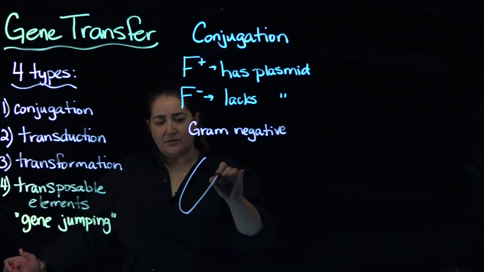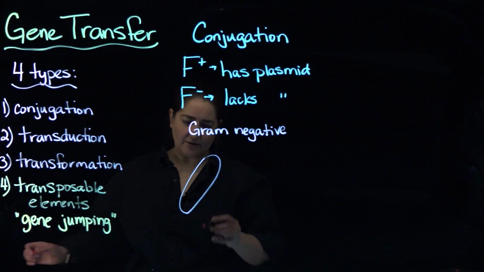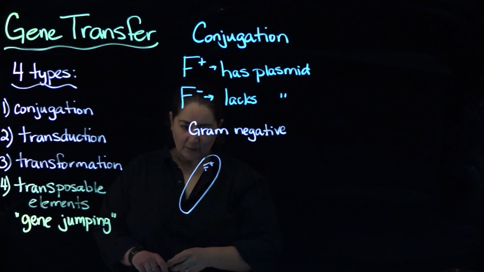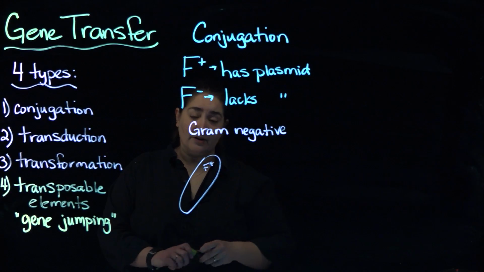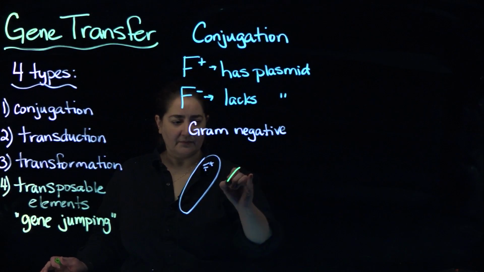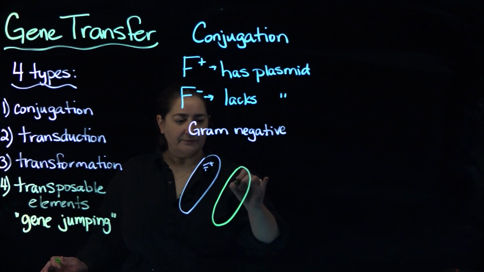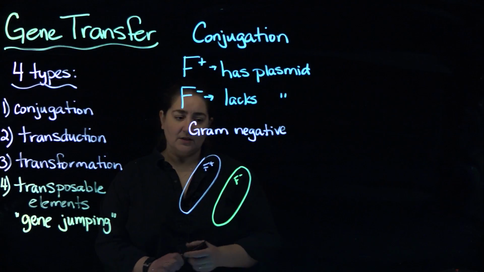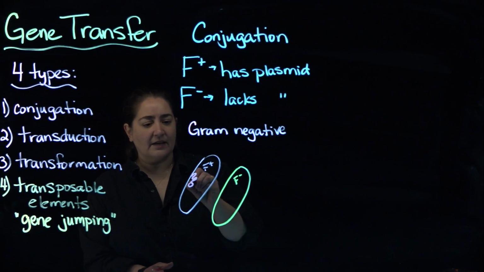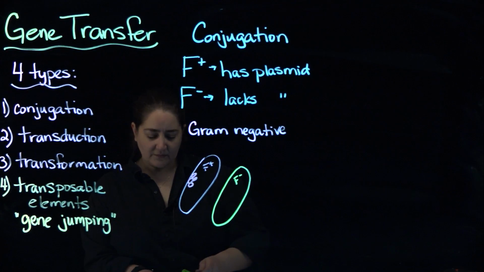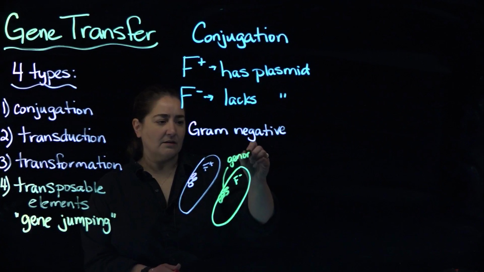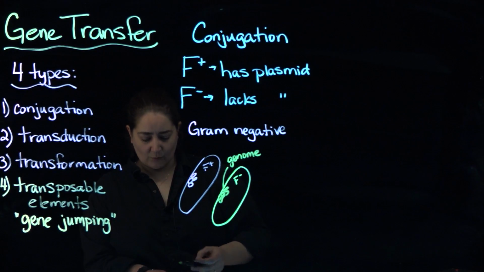So I'm going to draw some rod-shaped bacteria here. And the pink one, I apparently need a new pink marker too, is going to be our F-positive cell. And the green one is going to be our F-negative cell. All right? So each of these are going to have genetic material that makes that particular bacteria what it is.